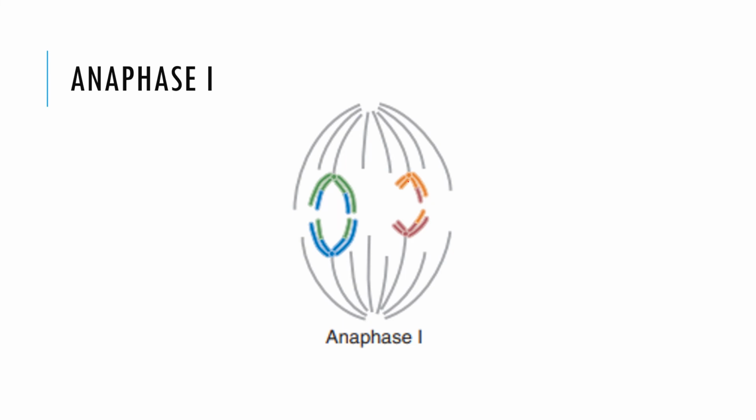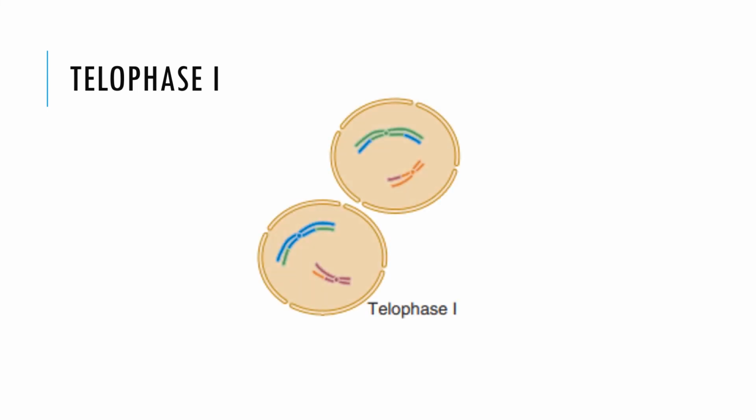Note, however, that the centromeres of the sister chromatids are stuck together tightly and behave as a single unit, owing to the presence of a protein glue that holds them together until the onset of anaphase 2, when these glue proteins are broken down. At the completion of anaphase 1, a haploid set of chromosomes consisting of one homolog from each bivalent is located near each pole of the spindle.